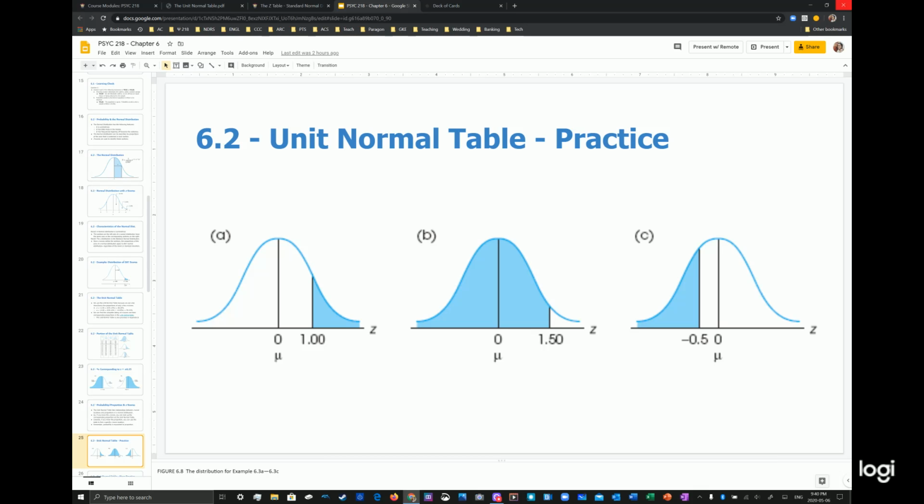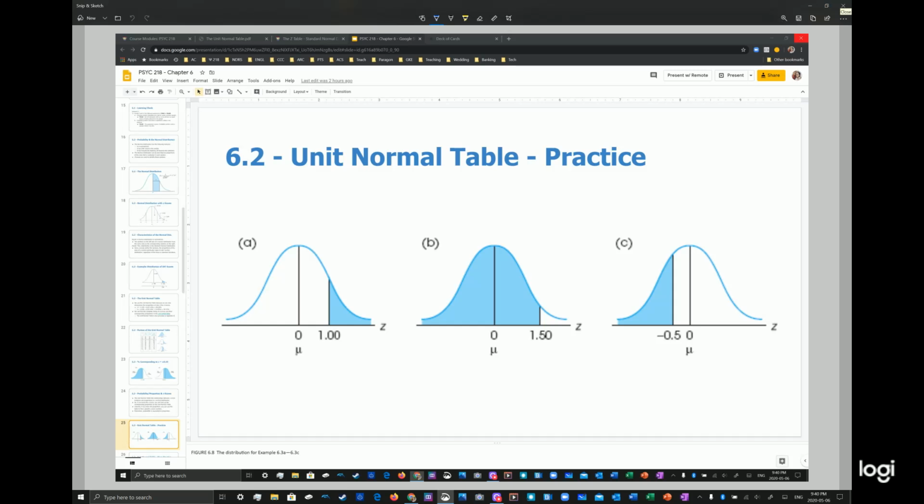And C would be, what is the proportion of the population, or the probability of somebody scoring equal to or below half a standard deviation below the mean, negative 0.5? And so we can use the unit normal table to help us find these things. Starting with distribution A, well, we know the Z score is plus 1.